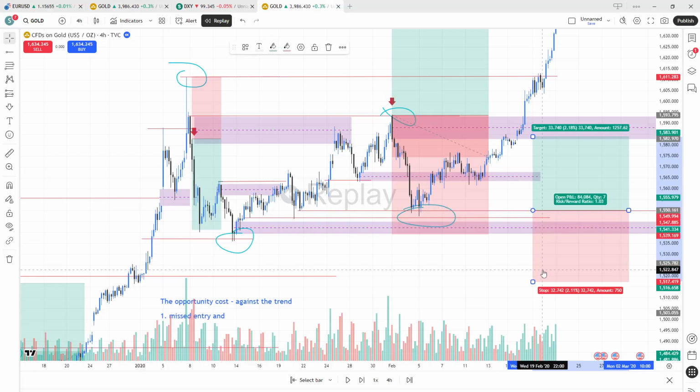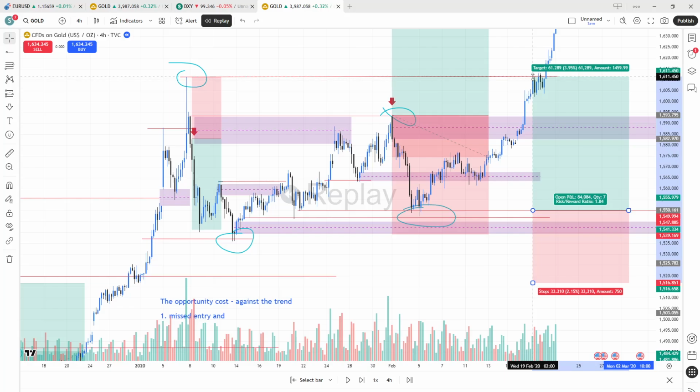That would be how many pips? This would be $551. Would be 33.55. Which one is going to be the better alternative for us? What is the opportunity cost and what is going to be our profit margin if we do get into this?